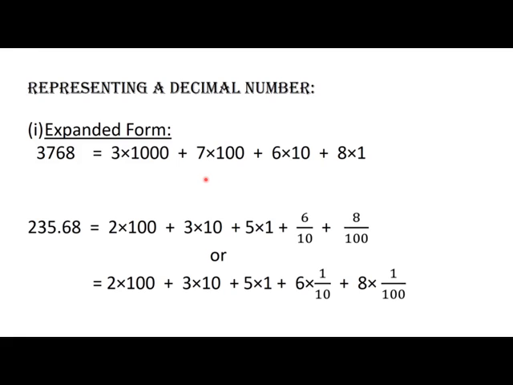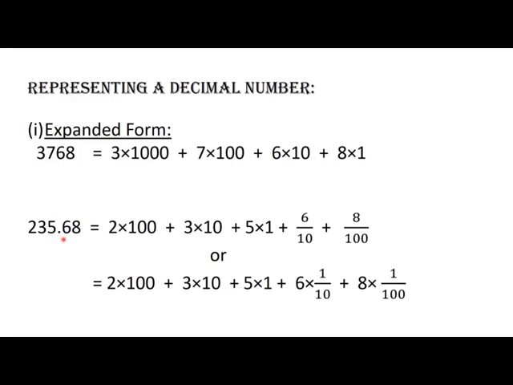So we are now going to write the expanded form of a decimal number. 235.68. This one is a decimal number. After the decimal, the first place is called the tenths place. Tenths, that is 1 by 10. And the second place is 1 by 100. If it has a third place, then that will be 1 by 1000, that is thousandths place.